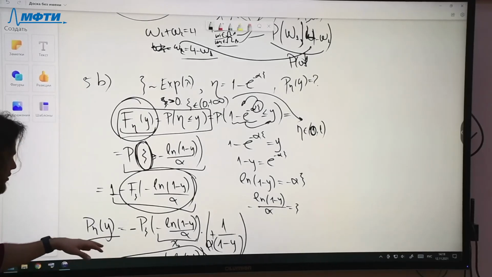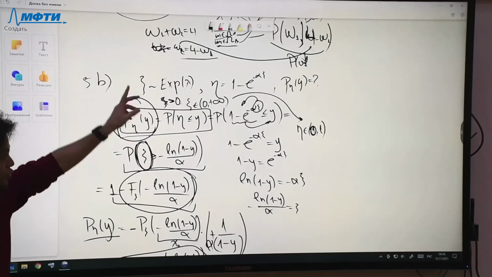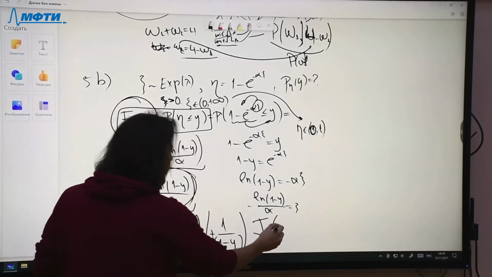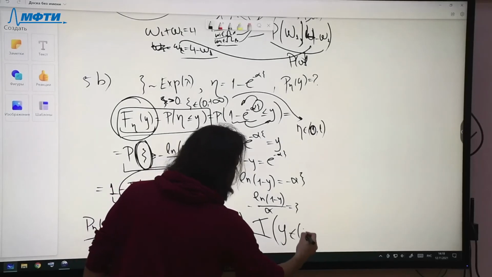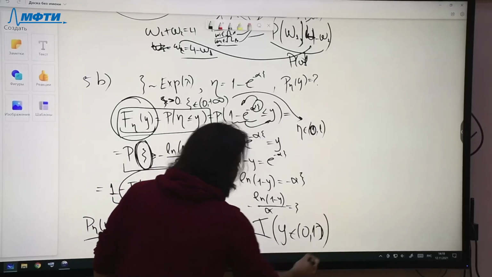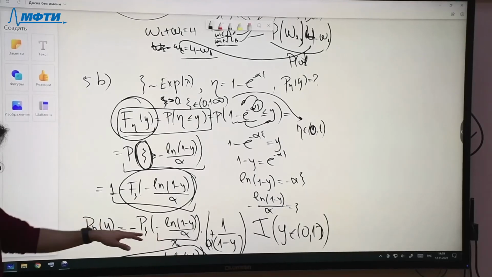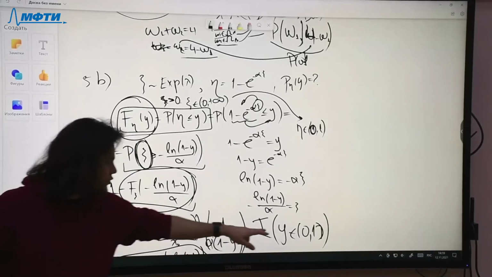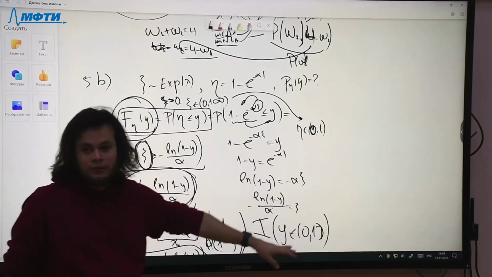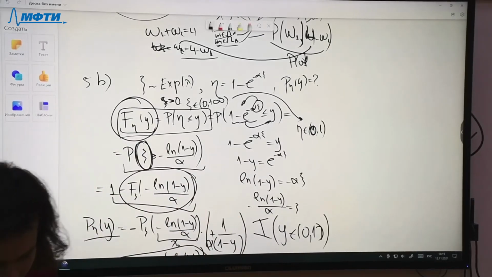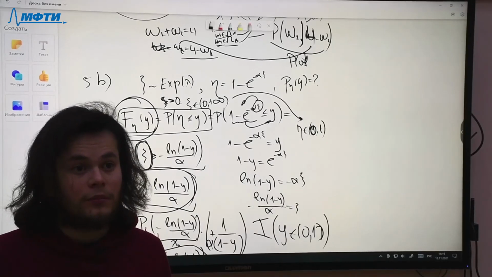So the answer, like I told before, is this, but do not forget to write this, by the way, and y is between 0 and 1. So this is the complete answer, by the way, because this is true only if y belongs to 0 and 1. And that's it. Why do you write that?